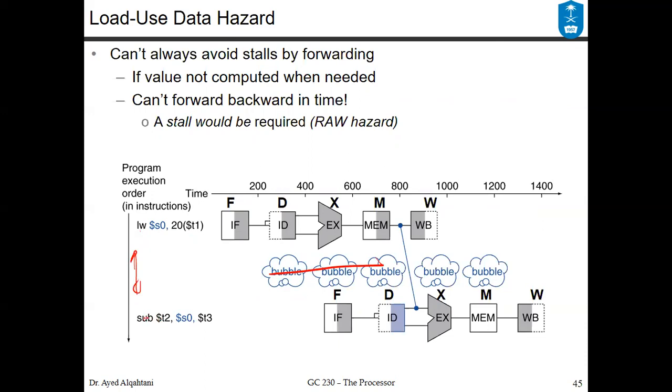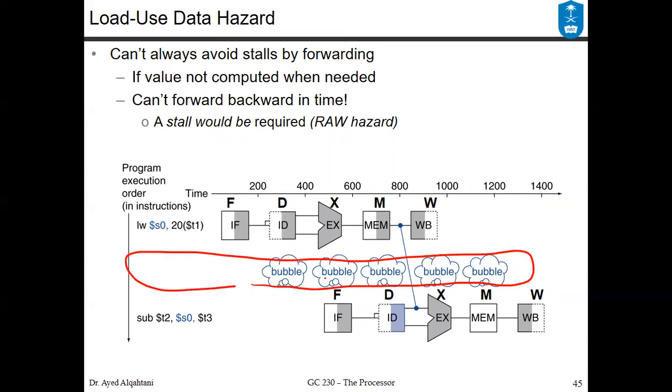Don't make the subtraction right after the load. If you figure out a way to separate them by at least 1 instruction, you can get rid of this bubble. Basically, what you are trying to do here is inject an independent instruction right here.